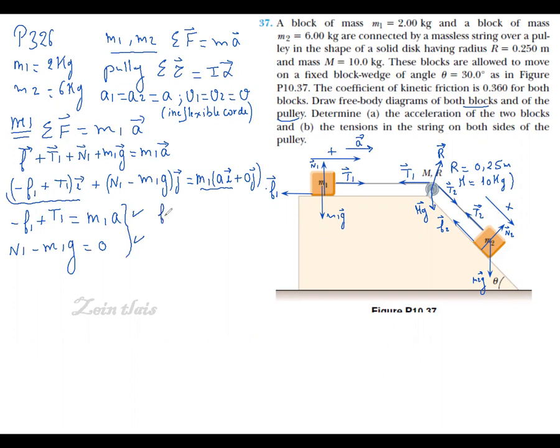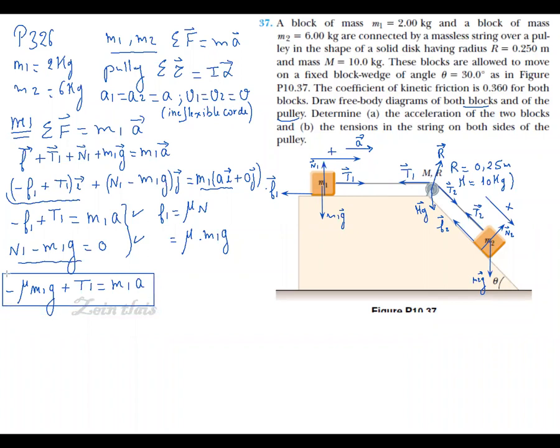I can find F1, which is equal to mu times N, and N from here equals M1 times G. So we can write minus mu M1 times G plus T1 equals M1 times A. This one is the first equation.